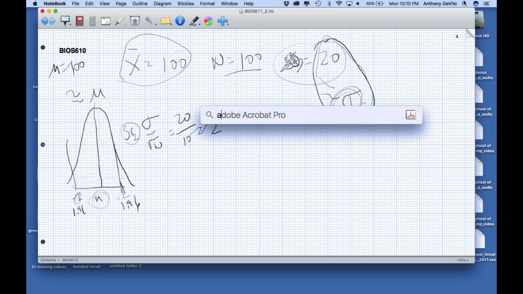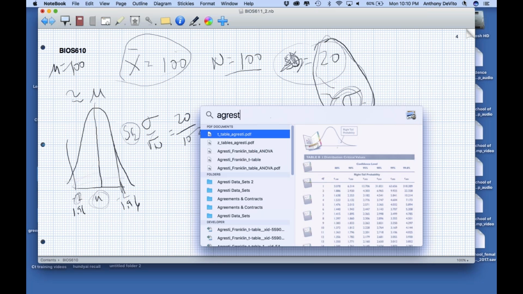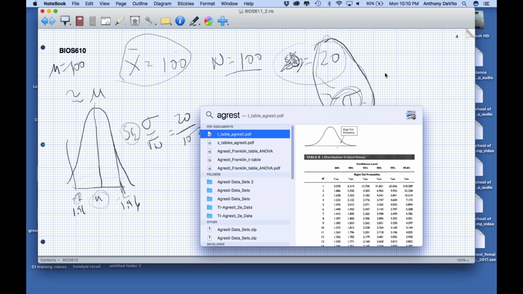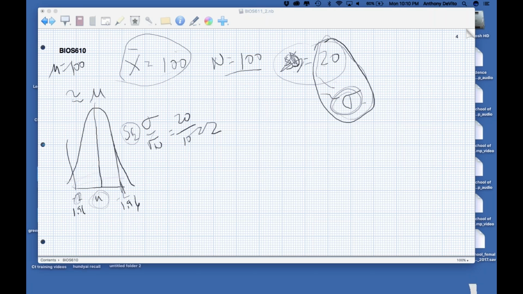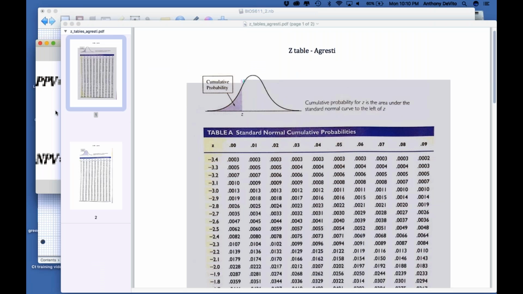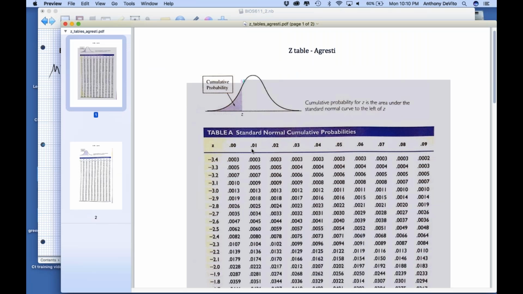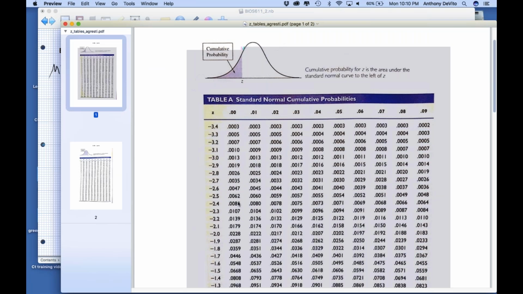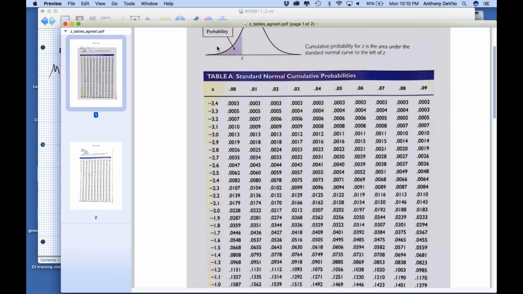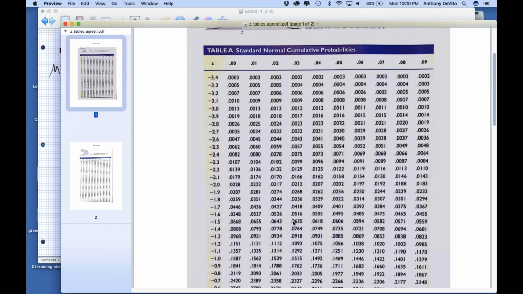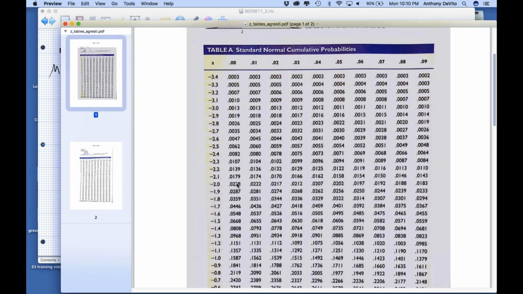Let me just show you that that's really true. I'm going to go to the z table, and I'm going to look up to see whether indeed a standard deviation of 2.0 represents 2.5% in the bottom tail and 2.5% in the top tail. Well, in fact, 2.00 represents 2.25% roughly, not 2.5%.